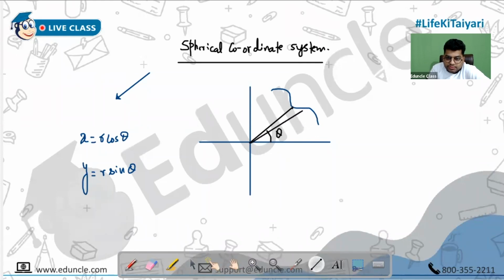It means the radial distance between the curve and the origin, r, is varying. So we generally take r from 0 to the curve, and theta from this angle to this angle, and we can find out the answer. Am I clear? So this is the problem.